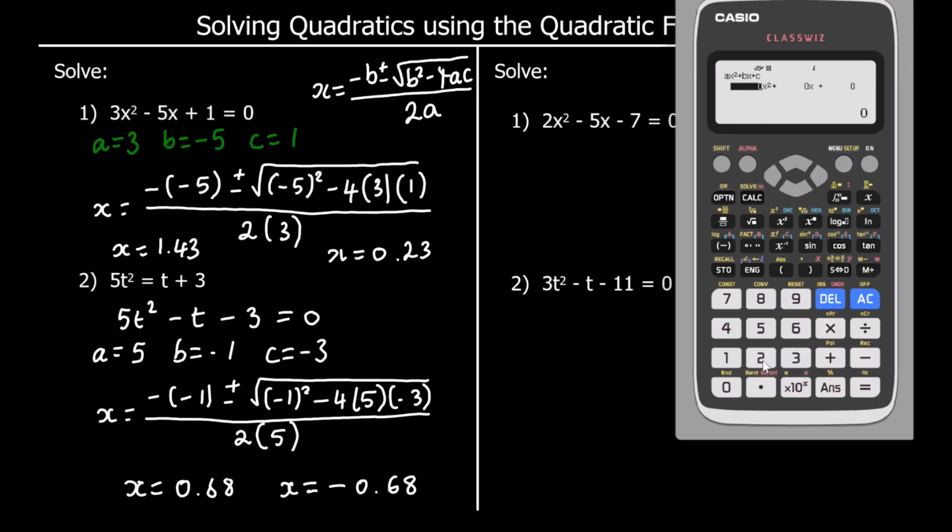And then we just type in a, b, and c. So for this second one here, a was 5, b was negative 1, and c was negative 3. So we get our first answer, which was 0.88, and our second answer, negative 0.68, and it also tells us the minimum point.